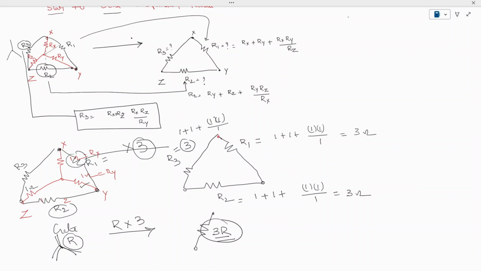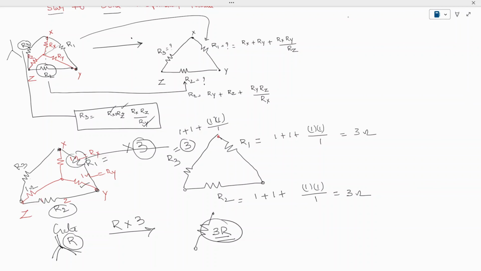So that's how we have to find it. Similarly, this black one is connected between, Ry plus Rz plus Ry into Rz divided by Rx. And this black color resistor is connected between Rx Rz plus Rx Rz divided by Ry.